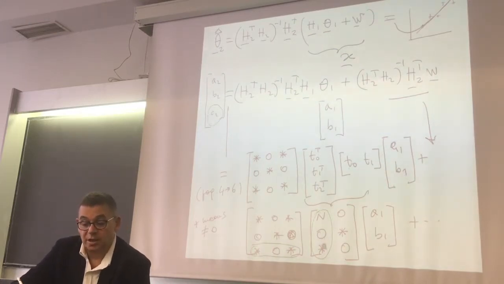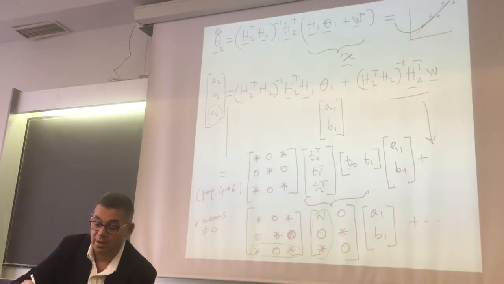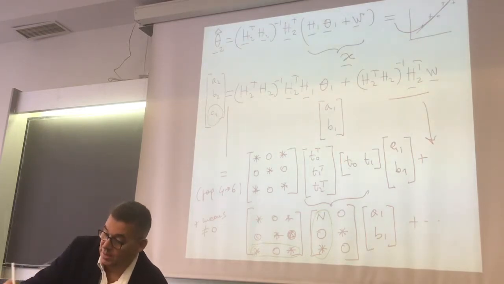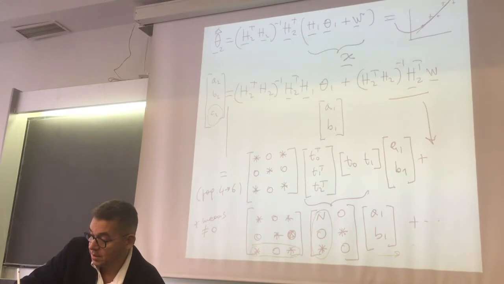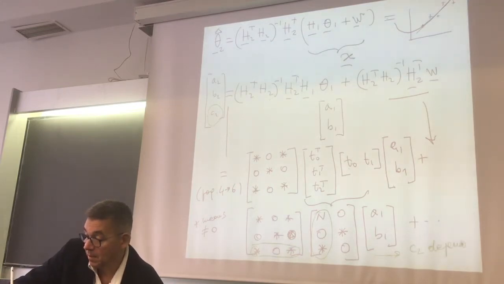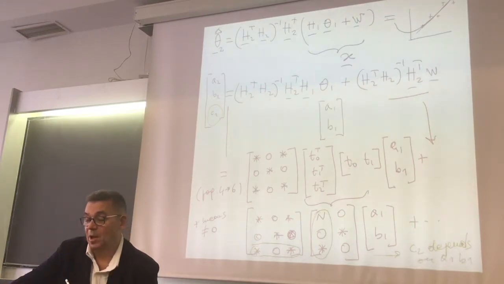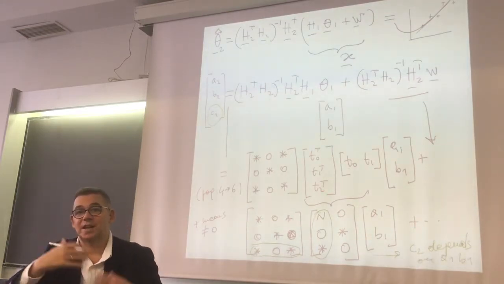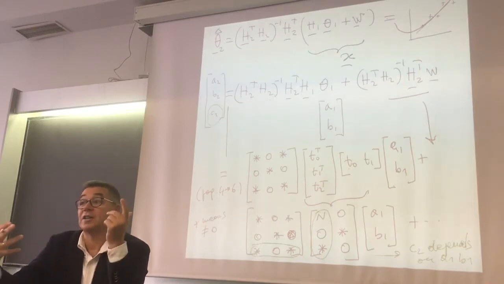So here I have a dependency on A1 and B1, which means that C2 depends on A1, B1. But the bad news is that C2 is not 0.